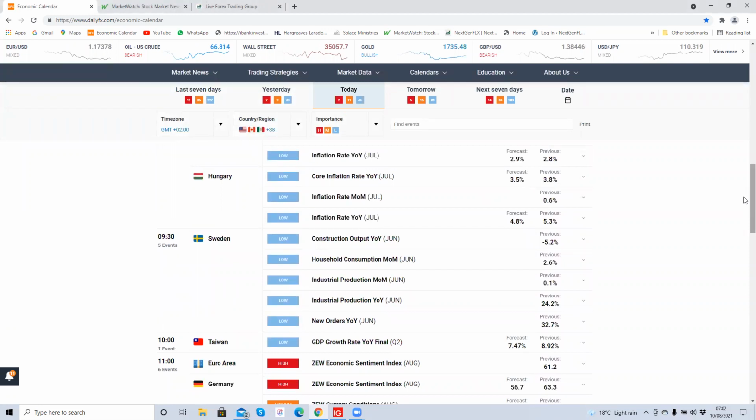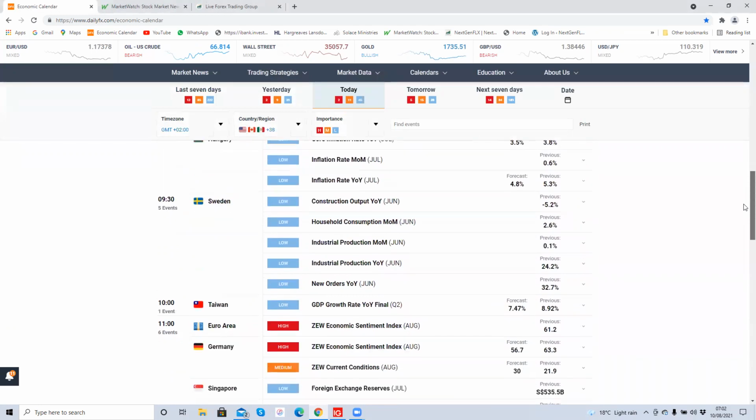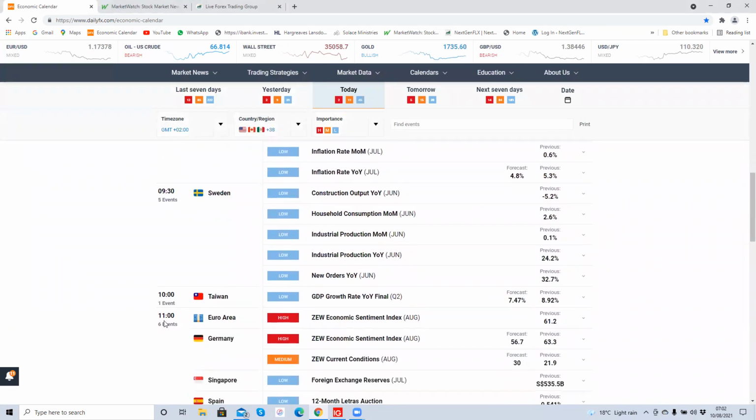Now we can see here at 11 o'clock this morning, GMT plus 2, we have the Euro area and the Germany economic sentiment index report. That's a report of high importance that would obviously impact the euro and hence the Euro US dollar or any currency paired with the euro. So for specifically the Euro US dollar, I'll avoid trading that prior to 11 a.m., prior to that report.